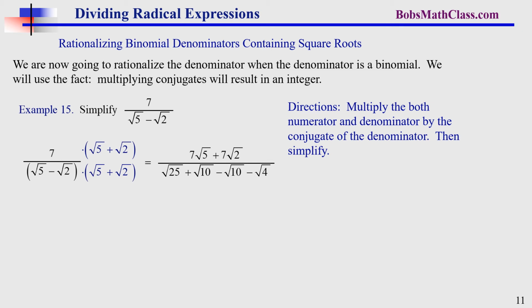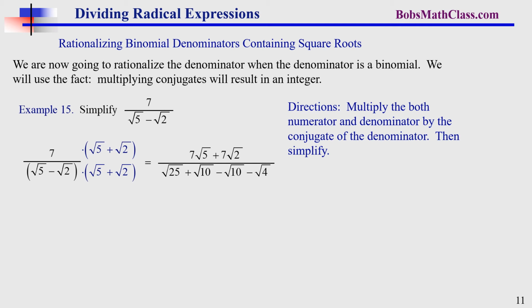The denominator, square root 5 times square root 5 is square root of 25. Square root of 5 times square root of 2 is positive square root 10. And then the inner terms, negative square root 2 times square root 5 is negative square root 10. And then the last terms, negative square root 2 and positive square root 2 is negative square root 4.